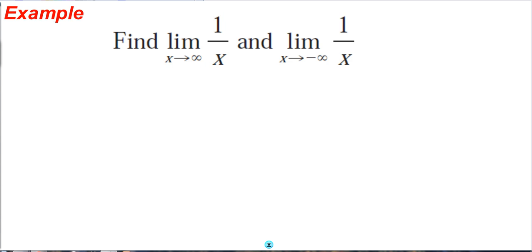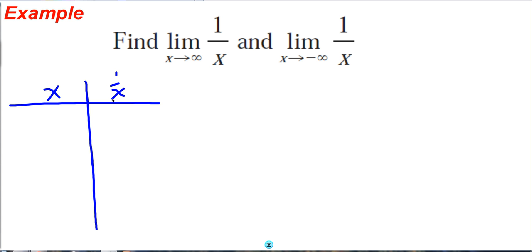Okay, example. We want to find the limit as x approaches infinity of 1 over x, and the limit as x approaches negative infinity of 1 over x. Let's first take infinity, so we can use our numerical approach, 1 over x. As x is getting close to infinity, this means x is becoming very, very large. Let's say x is 100, 1 over x is 0.01.